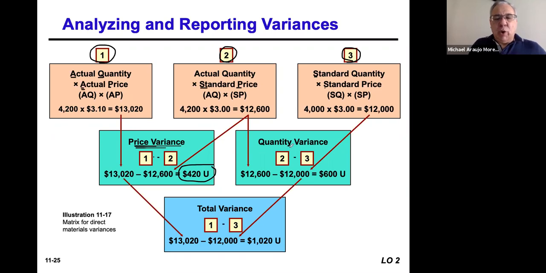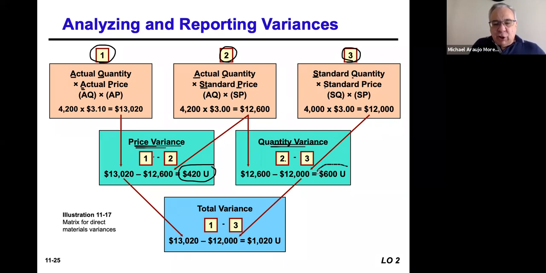Okay. When you're looking at the quantity, what's happening with quantity, then we're going to be looking at the actual quantity at the standard price, or what it should cost, and comparing that to the standard quantity at the standard price. So we're comparing 2 and 3, these two boxes here.